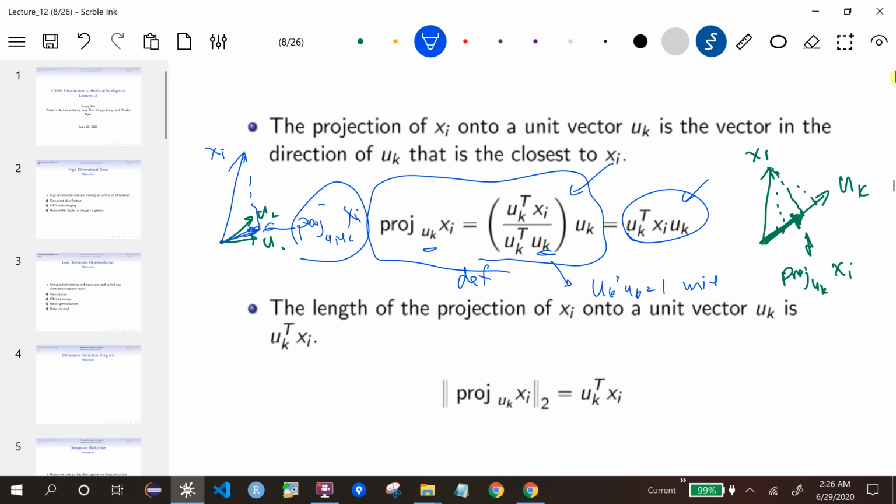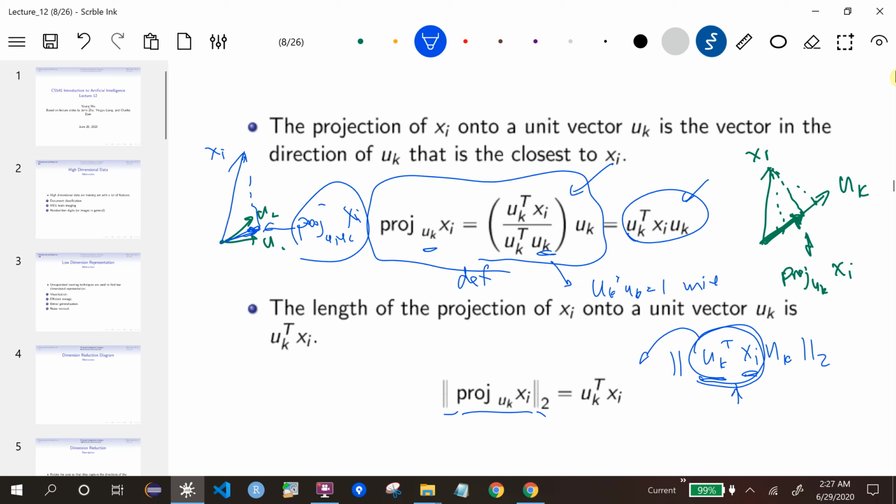The next is the length of the projection, which is literally the length of this expression here. Note that this thing is a scalar, a single number, because it's a dot product between two vectors. So it's like a constant.